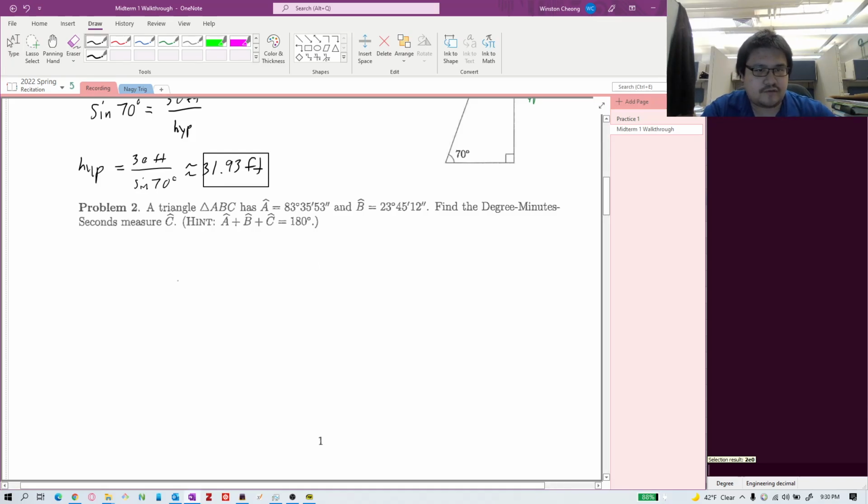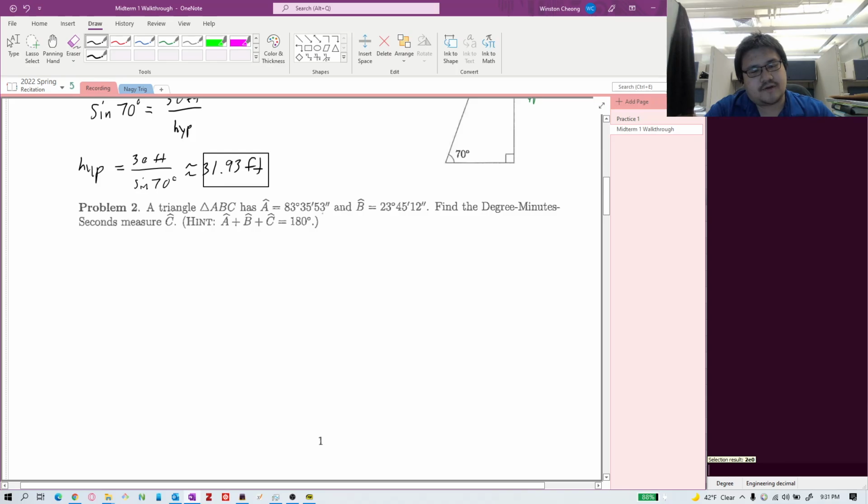If you didn't know that, that's a very useful thing to know, because that's how we're going to solve this. There are 2 ways you could do this. You could take 180 degrees, subtract off A, and then subtract off B. Or you could add A and B together, and then do 180 minus their sum.